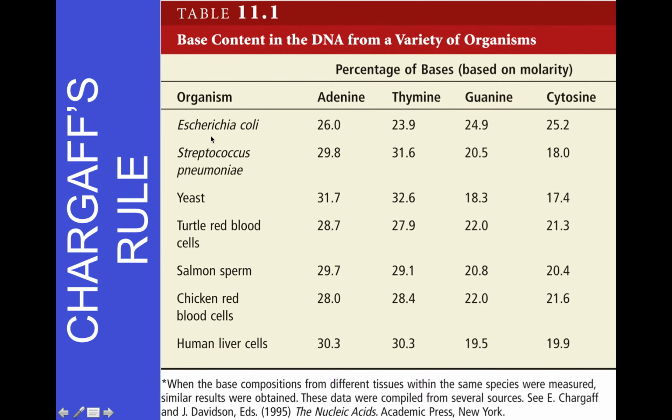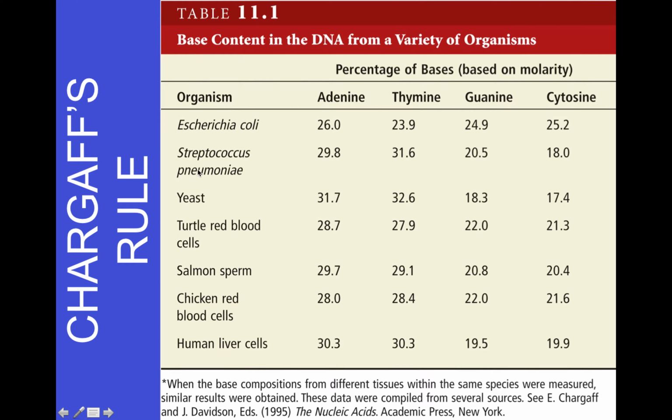So he looked at E. coli and said, there's about 26% adenine, about 24% thymine, about 25% guanine, 25% cytosine. Within his experimental error, these numbers were all equivalent. So he said, okay, there's an equal amount of adenine, thymine, guanine, and cytosine, which would have been a very uninteresting or uninformative answer if he had stopped there.